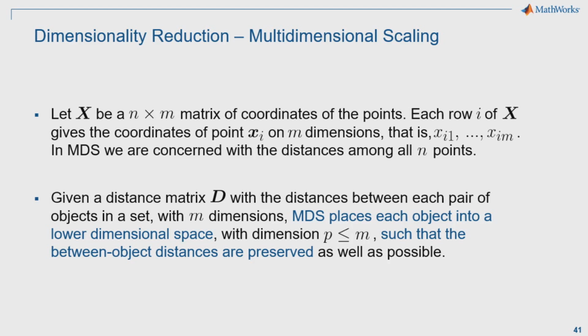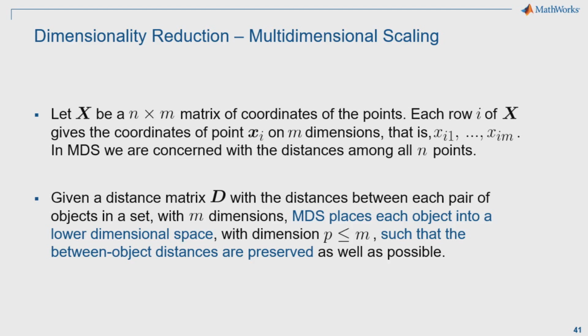Using multidimensional scaling, which is the second technique that I want to show you, gives us the possibility to again reduce the dimensionality of the data set by finding just a smaller number of features in which we can try to preserve the distance between data objects.